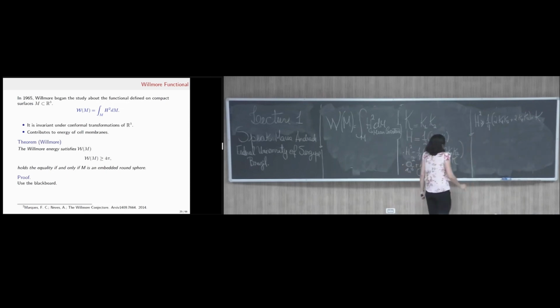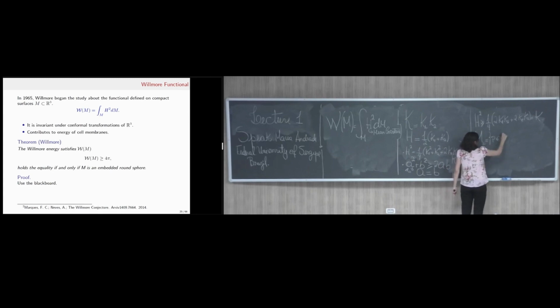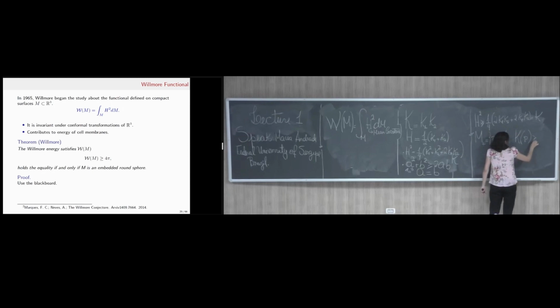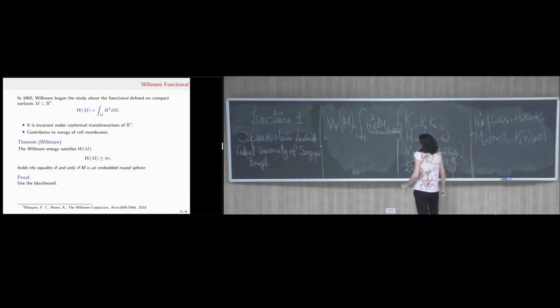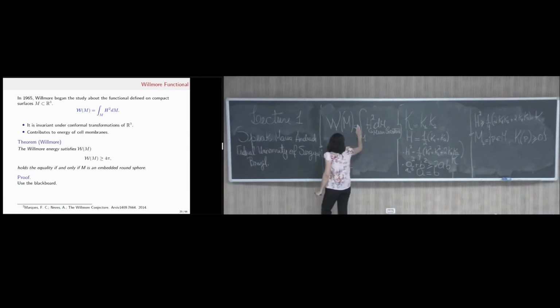Now, what can I do? Define the set. The set is the points in the surface M so that the Gaussian curvature is bigger or equal to 0. Okay? So now you can see this expression.